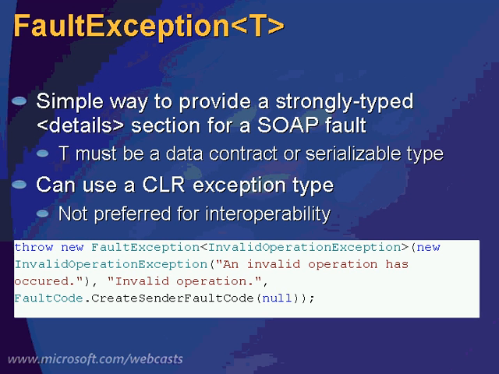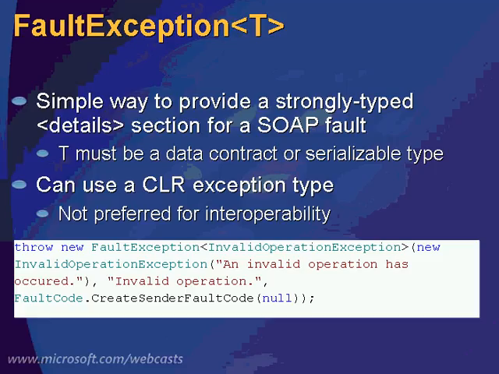Now the second way that you can throw a fault is to provide a strongly typed details section. Remember, I mentioned earlier that the SOAP fault has a code and a reason, which is a simple string. And then it's got a detail section where you can put a blob of XML that carries more useful information. What you can do is provide that useful information as type T, okay? Type T could be, for example, any serializable type or data contract.